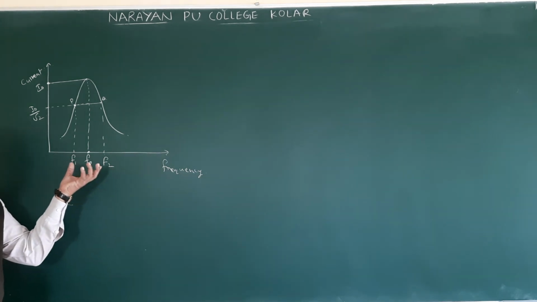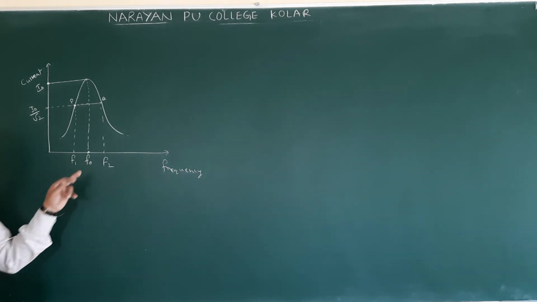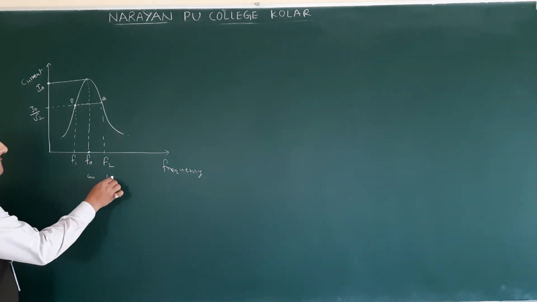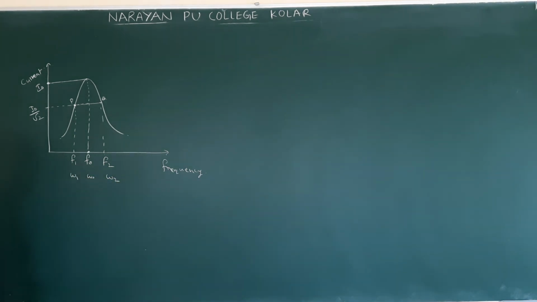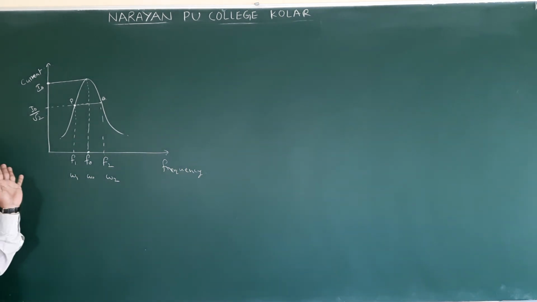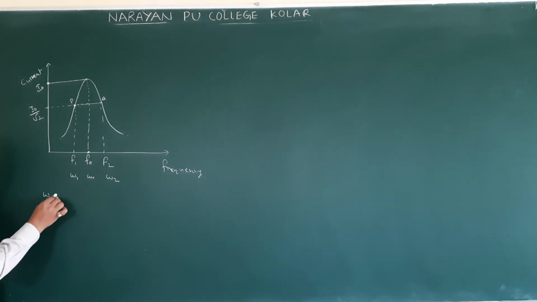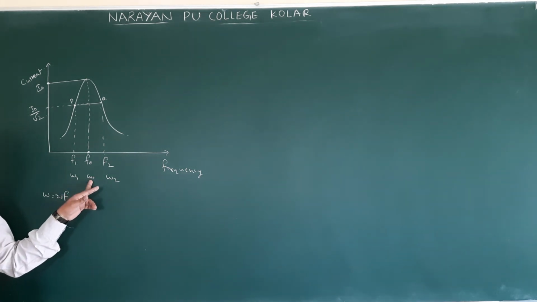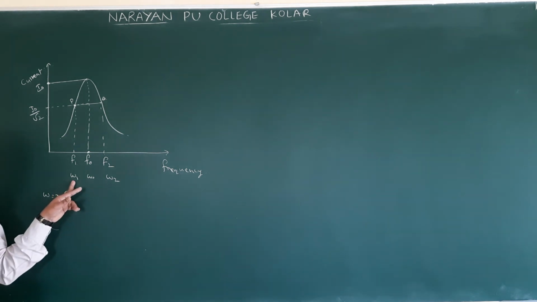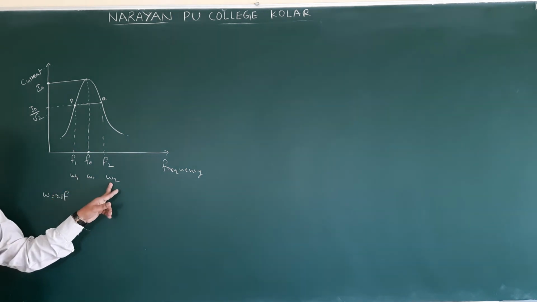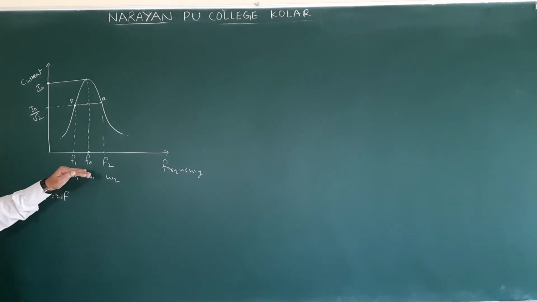If drawn with angular frequency, it is omega naught, omega 1 and omega 2, both will be the same. Omega is equal to 2 pi f. Omega naught means 2 pi f naught, omega 1 means 2 pi f1, omega 2 means 2 pi f2. These are not required for you.